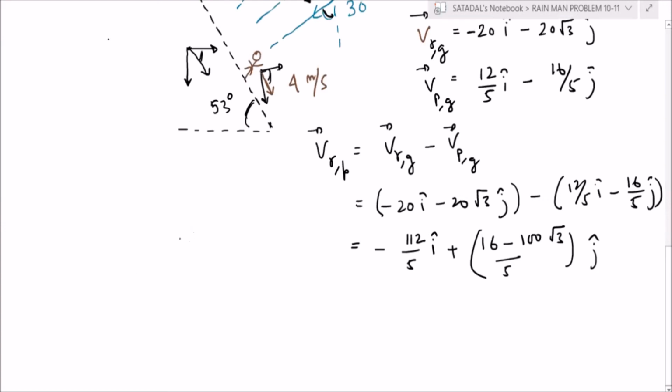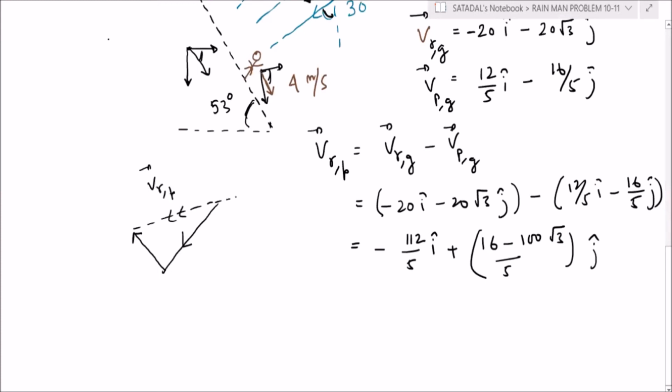So if you check it now, I will take the diagram. This is V rain with respect to person. So this is V rain minus V person with respect to ground. So this vector is V rain as appearing to the person.